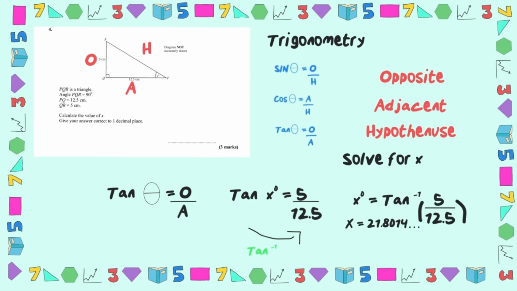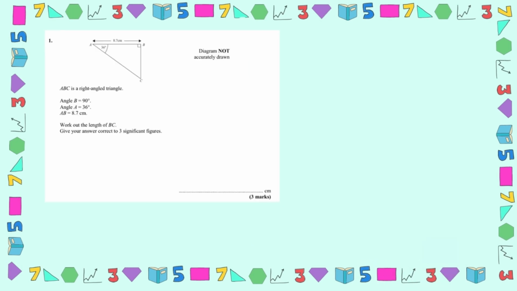And this should give us X is equal to 21.8014, and so on. They want the answer correct to 1 decimal place, so the answer becomes 21.8. And that's it for this one.